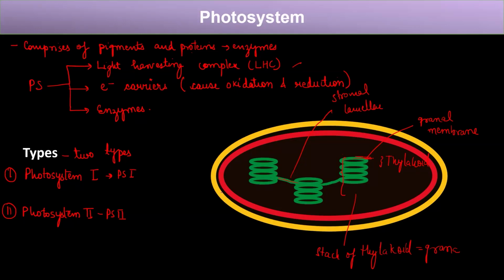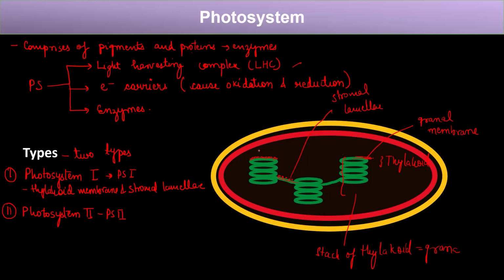If we talk about PS1, it is located somewhere on this membrane. Okay, so the photosystem is located on the thylakoid membrane, any membrane except the chloroplast membrane. So what membranes do we have? We have the thylakoid membrane and the stromal lamellae. PS1 is located on the thylakoid membrane and stromal lamellae, because it is the membrane that is exposed.